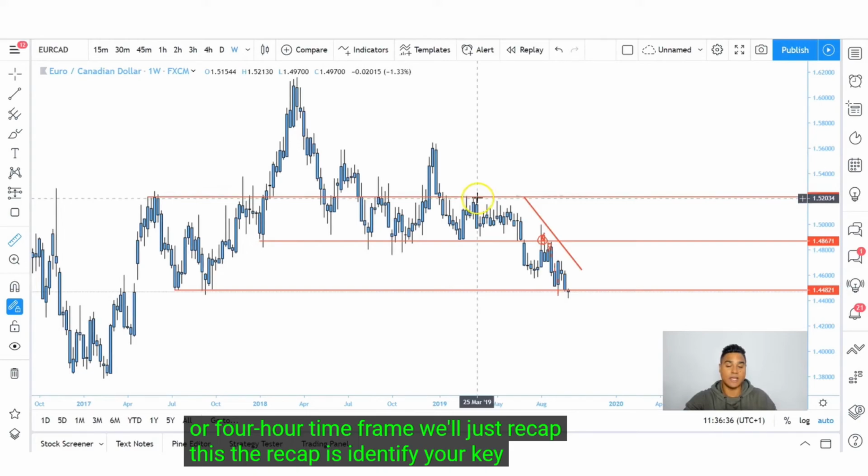Okay? So again, it boils down to evidence, and once we start to see price giving us the evidence that it's reacting from major levels, what we then have to do, and even to the downside, what we then have to do is we have to wait for price to come back to these levels.